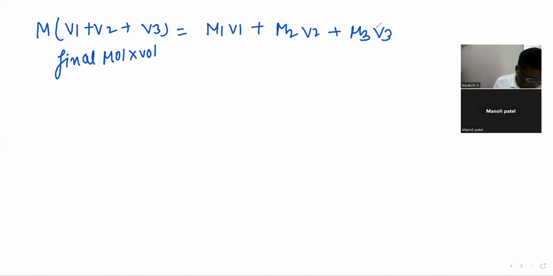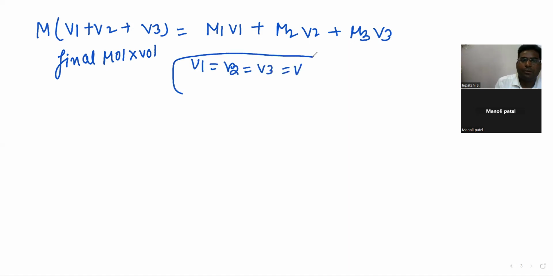Now put the values. Here V1 equal to V2 equal to V3 is equal to V, so it will become M into 3V is equal to.